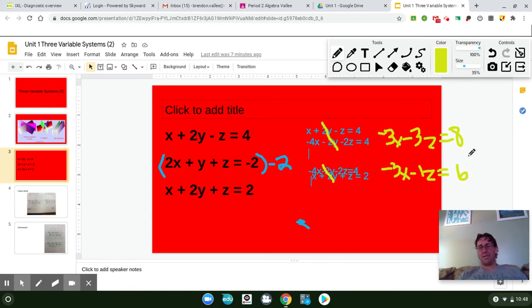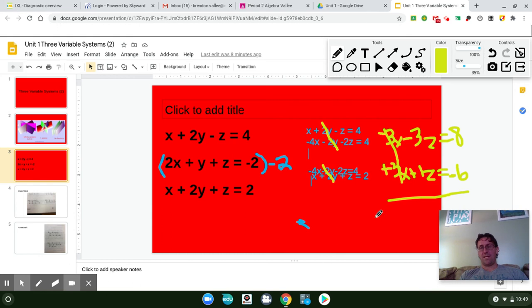So now you're going to do elimination again. Okay, so this row right here, I'm going to multiply it by -1 to cancel out the x's. So that becomes a positive 3x. This becomes a positive z. And this becomes a -6. So now my x's cancel out.